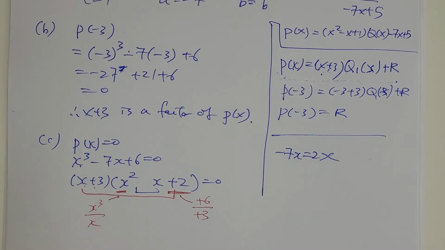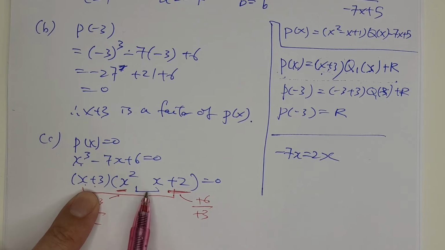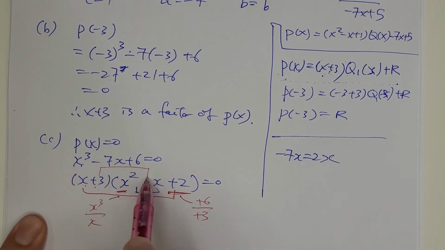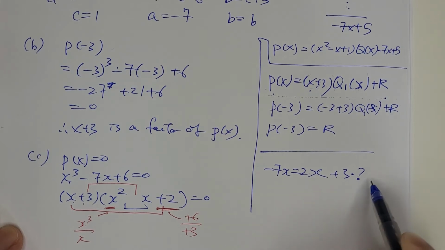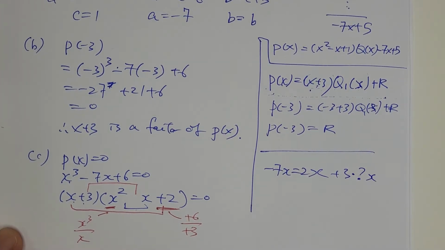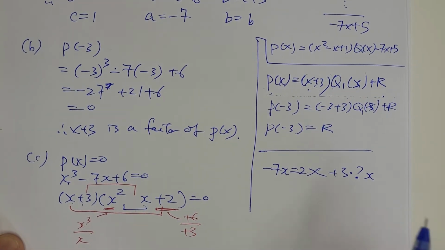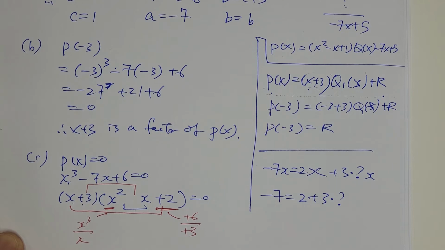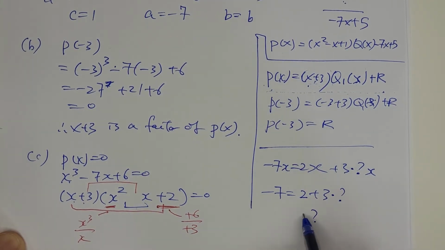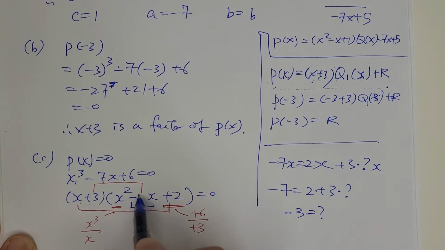The second one is 3 times this unknown, plus 3 times something, question mark, x. So what you need to find out is this question mark. Negative 7 equals 2 plus 3 times some number. So this number will be negative 3. And hence, here you put negative 3.